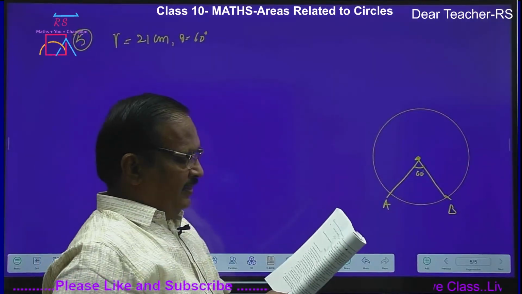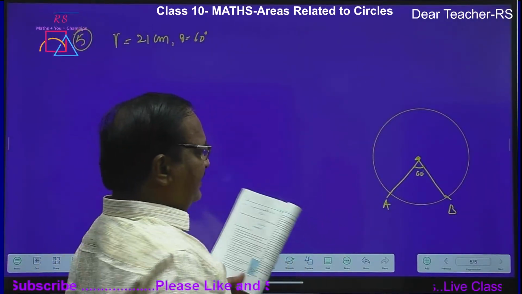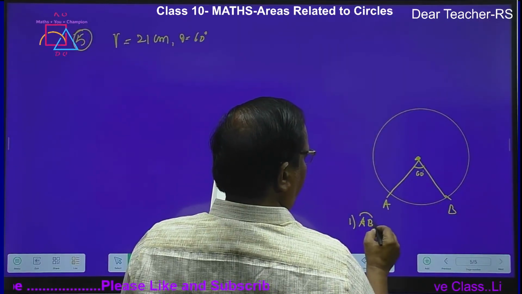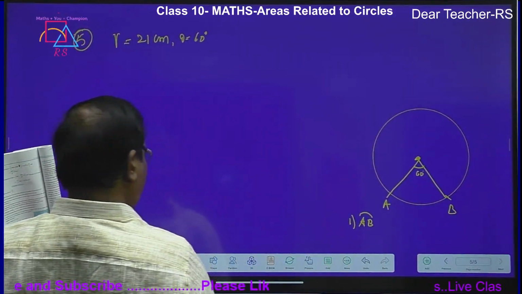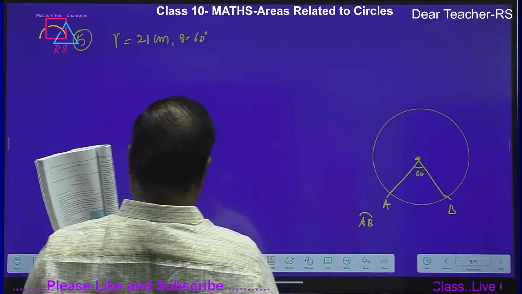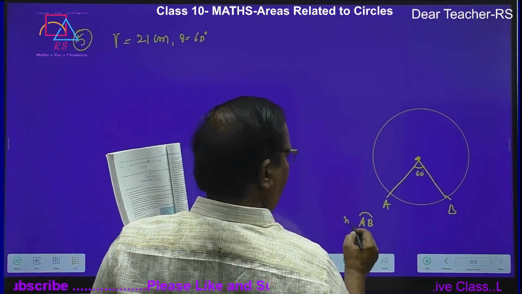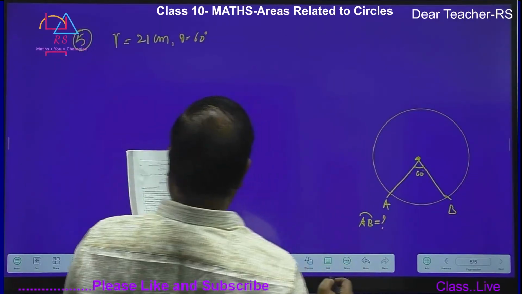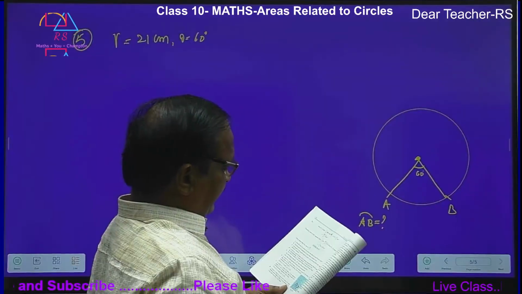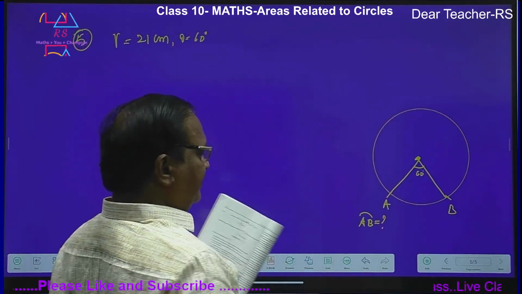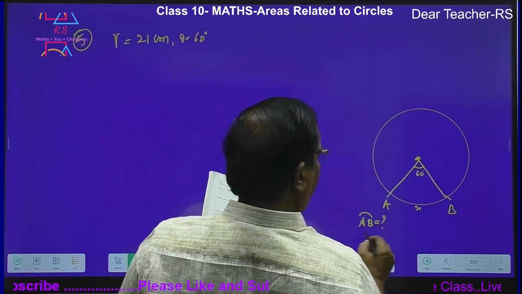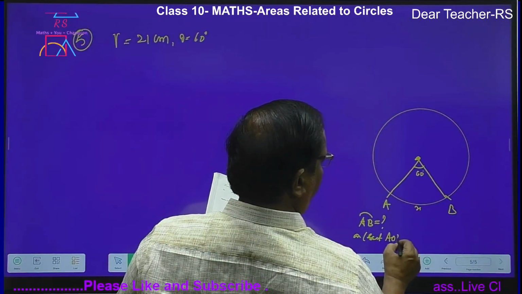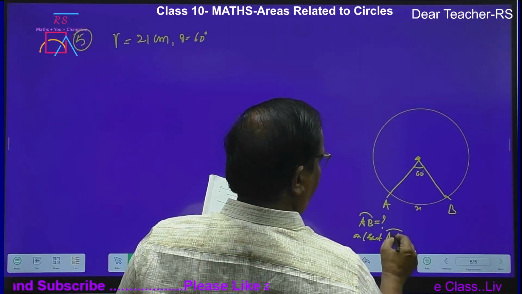That's it. Find the length of the arc. That means you have to find out measure of arc, okay. Measure of arc you will represent like this, measure of angle, length of arc. So this arc we have to find out, and area of the sector, let us say area of sector AOBX.